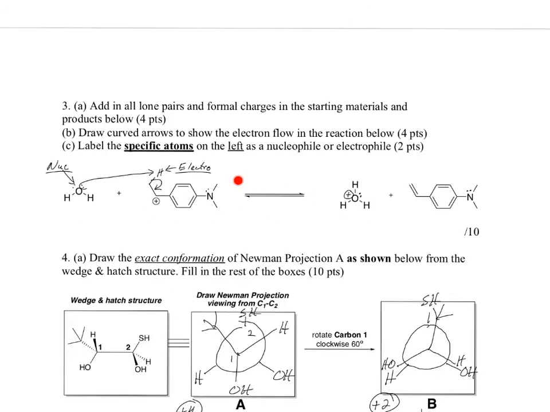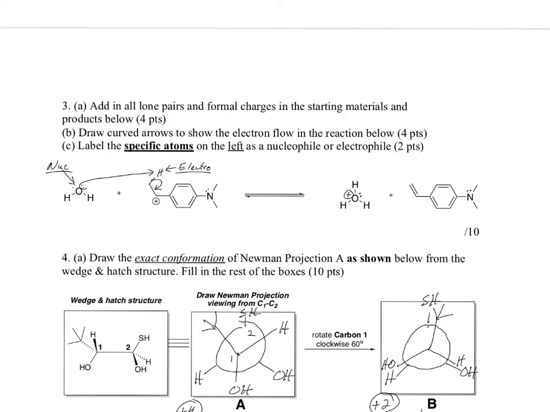So this is one of those practicing using reaction arrows, curved arrows, where you're given the starting material, you're given a product, and it says basically draw the arrows to show the bonds breaking and bonds forming. First, add in all the lone pairs in the product below, so you assume everything is a full octet.